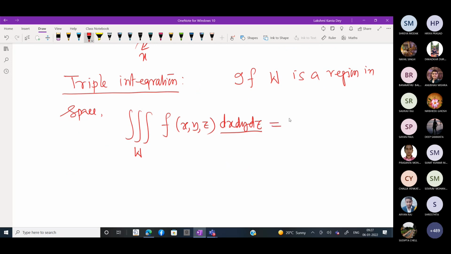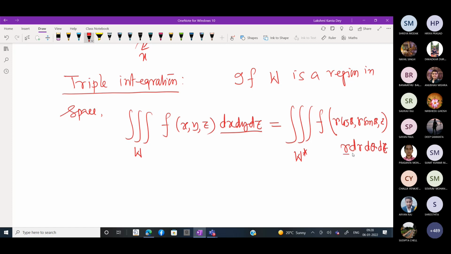So it will be over W star, whatever the region in the cylindrical coordinate system. So x is equal to r cos theta, y equal to r sin theta, and z is equal to z. And what will be dx dy dz? It will be replaced by the infinitesimal volume element, that is r dr d theta dz.